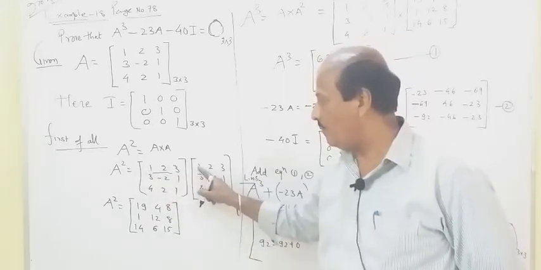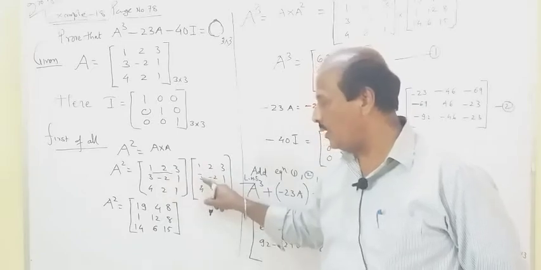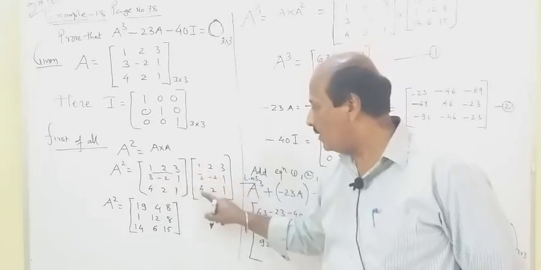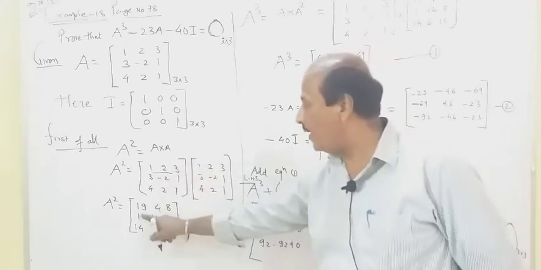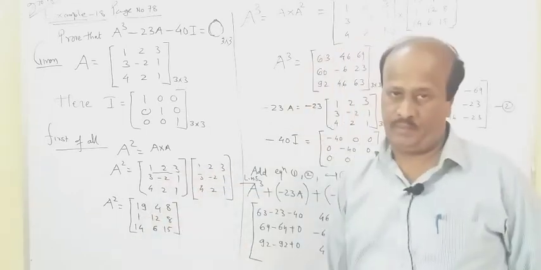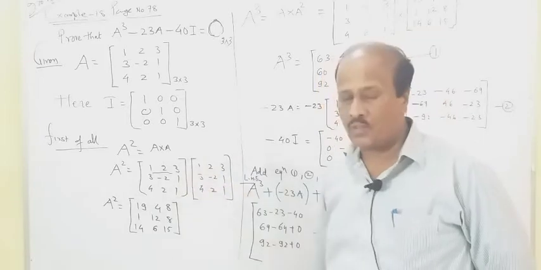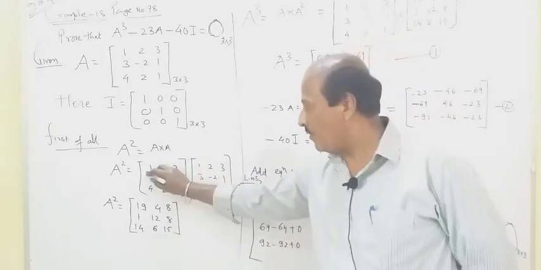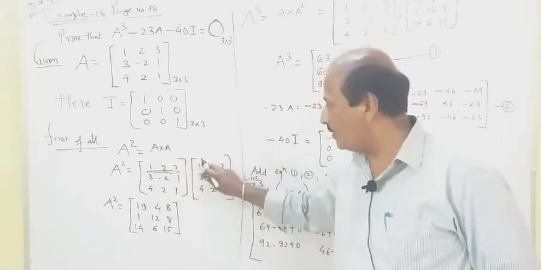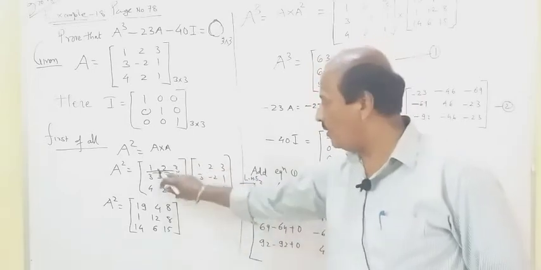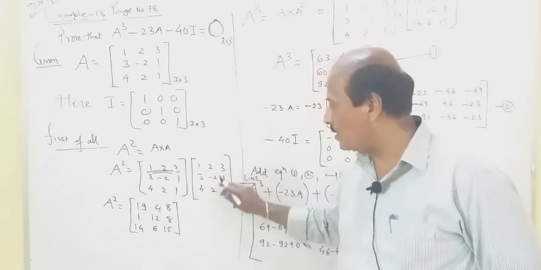1 into 1, then 2 into 3, 6, then 3 into 4, 12. 12 plus 6, 18, plus 1, 19. Here it will come 19. Already 2 or 3 questions I told you how to multiply. First you finish the first row. 1, 2, 3 you multiply with 1, 3, 4. Then 1, 2, 3 you multiply with 2, minus 2, 2.